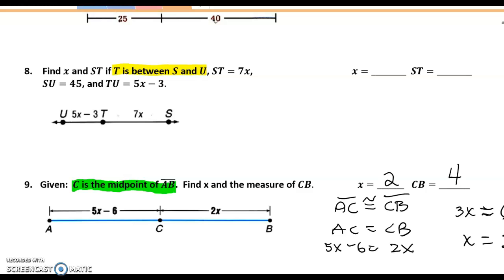But the word between, we do not want to mistakenly associate with the word midpoint or middle. The definition of between is just a point that is somewhere within the boundaries of two endpoints. Between does not necessarily mean middle or midpoint.